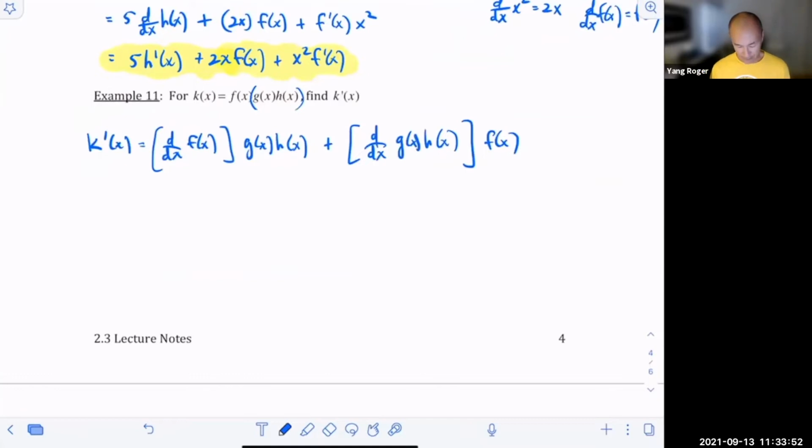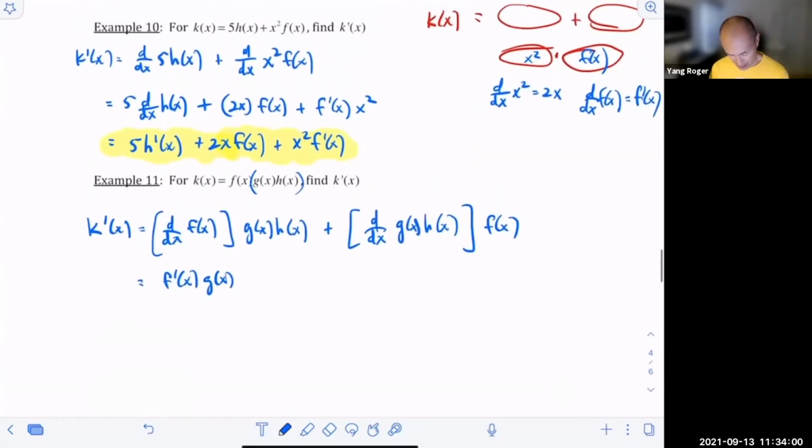And the first term here is easier to simplify. This is just f prime of x times g of x times h of x, like this.